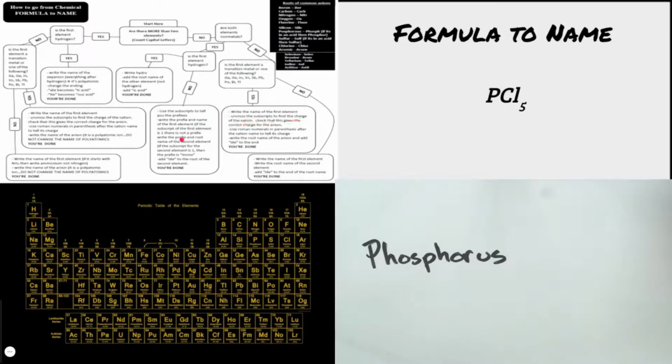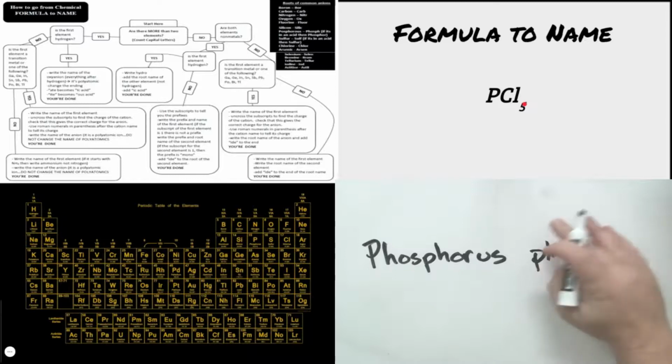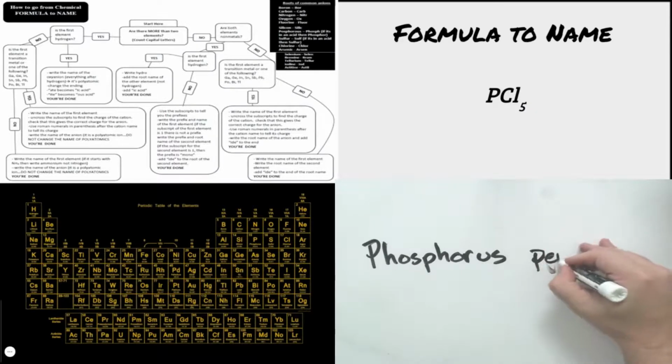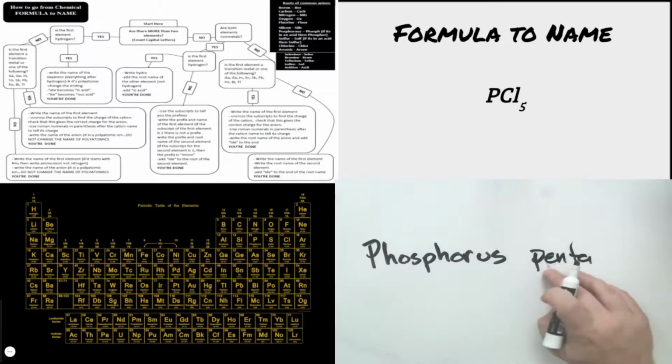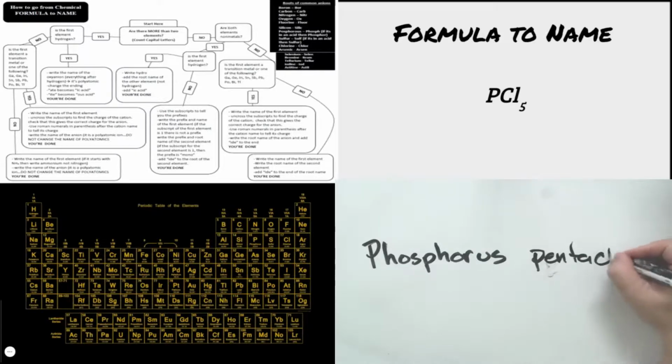Okay, and then I come over and we're going to write the prefix and root name of the second element. So this time my prefix is going to be, it's 5, so my prefix is penta. And the root of chlorine is chlor.